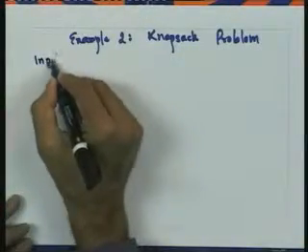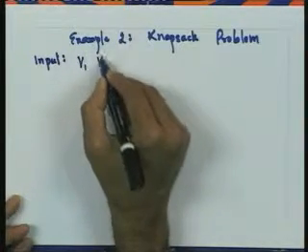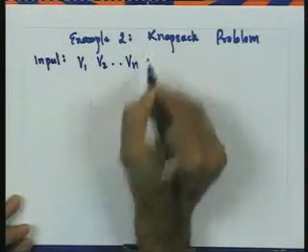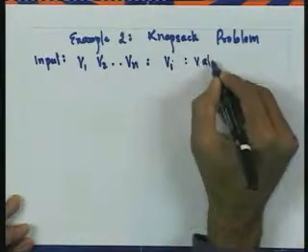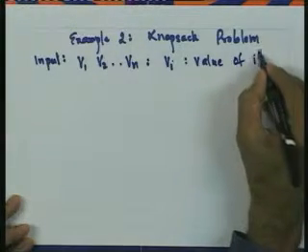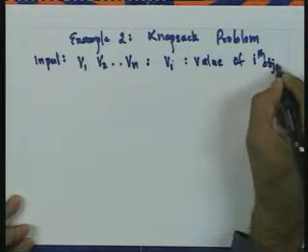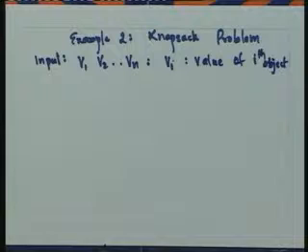So here we are going to have an input, and the input consists of, say, numbers v1, v2 all the way till vn, and think of vi as the value in rupees, say, of the ith object. So implicit is that there is a set of n objects. Each object has a value, and that value is known to us.